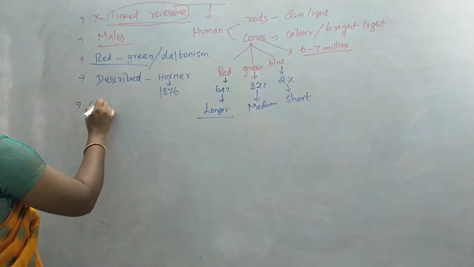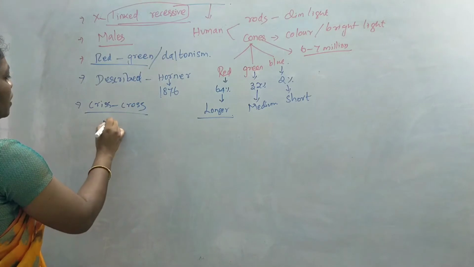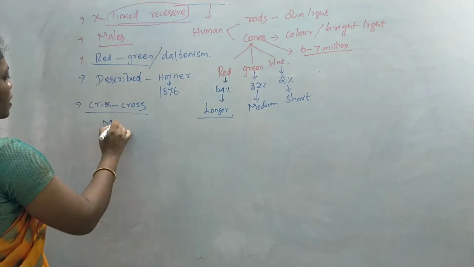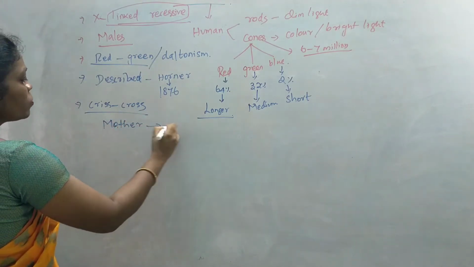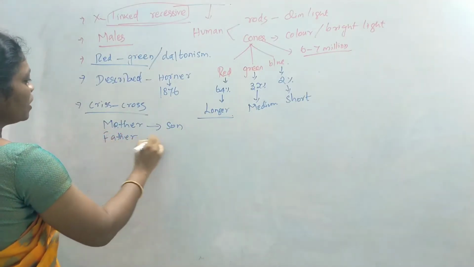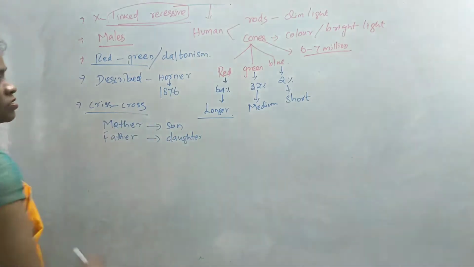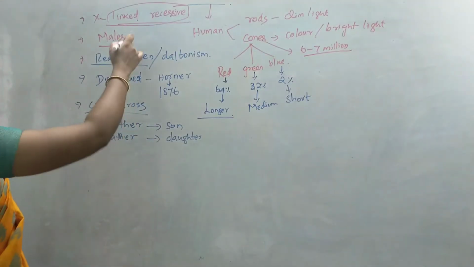This color blindness exhibits a crisscross pattern of inheritance, where the mother passes her chromosome to the son, and through the father it reaches the daughter. This type of inheritance is known as crisscross inheritance.